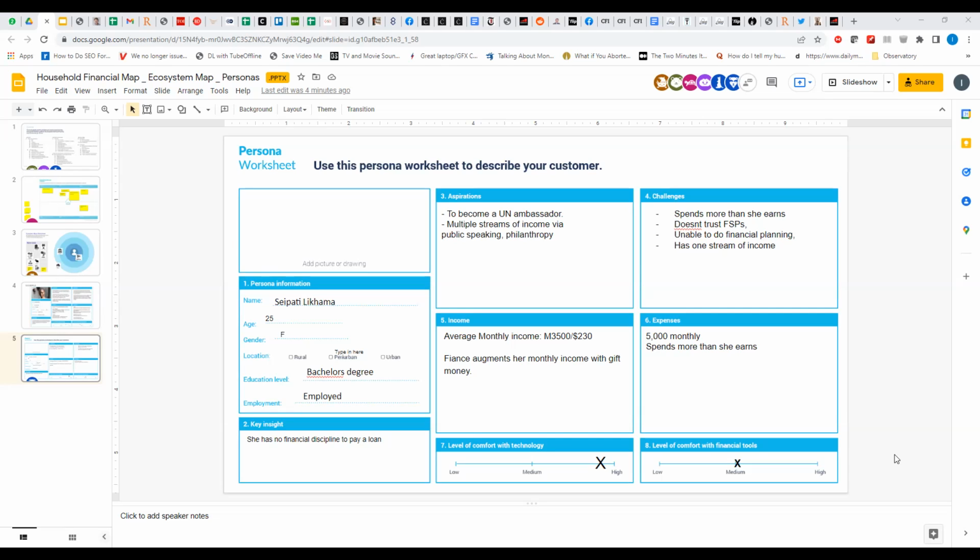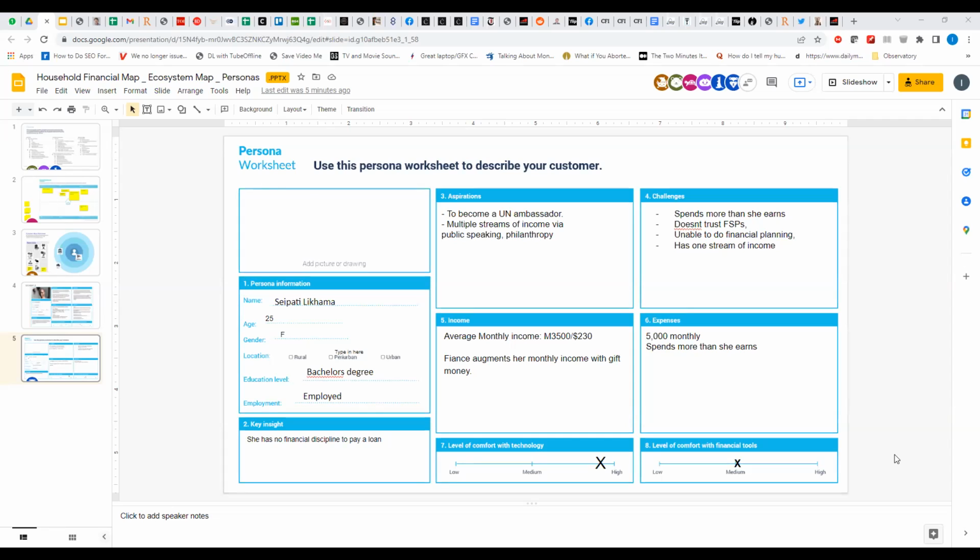Her total income per month is 3,500, but her expenses are 5,000 or more. Her fiance augments her monthly income with a stipend, a specific amount every month, so that is a challenge.